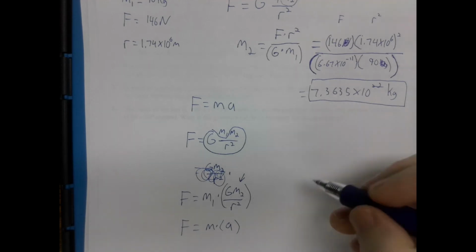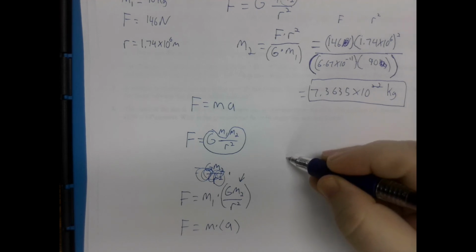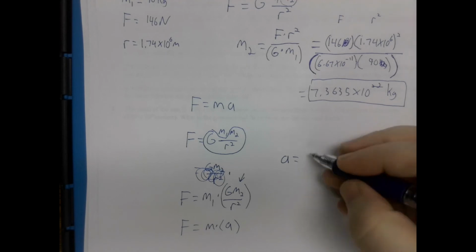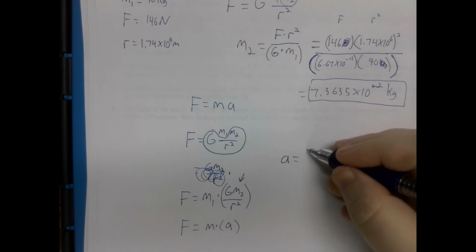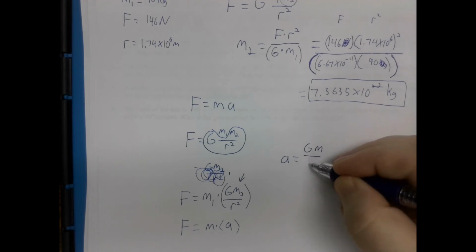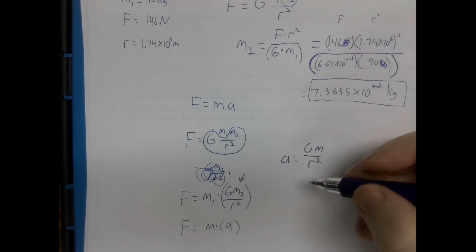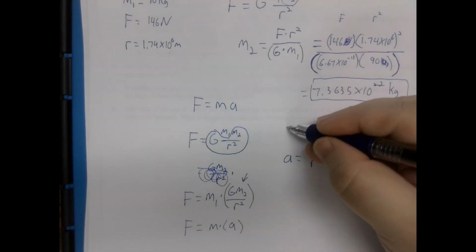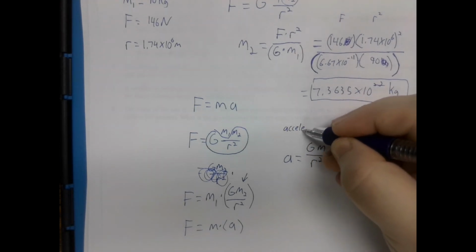Acceleration. So you can find the acceleration of gravity by using the constant G times the mass of the planet divided by the radius of the planet. So this would be the acceleration of gravity.